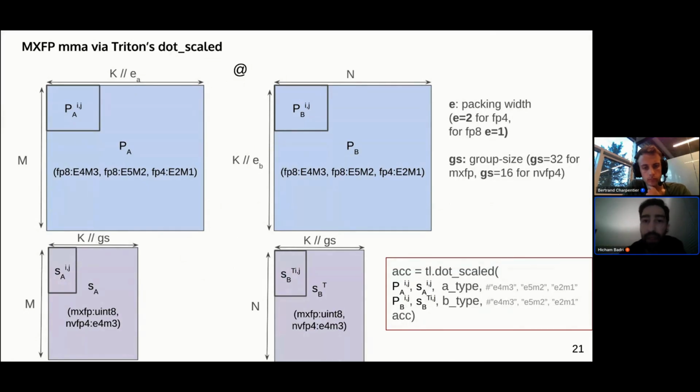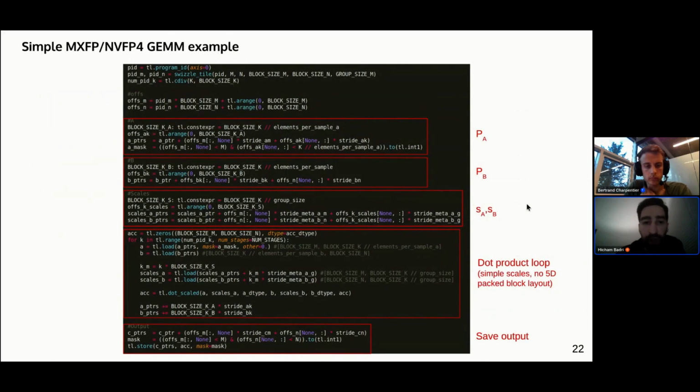Let me show you a very simple kernel. This kernel works with MXFP4, NVFP4, and MXFP8. It's the same kernel that does everything. Here we have pointers for A, pointers for B, which are the activations and weights, and pointers for the scales.